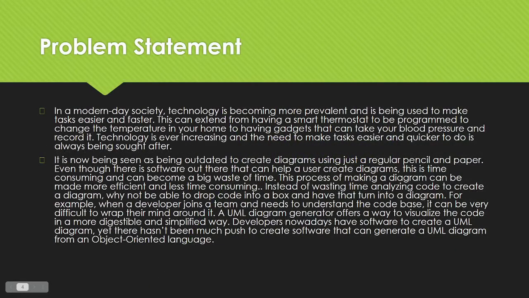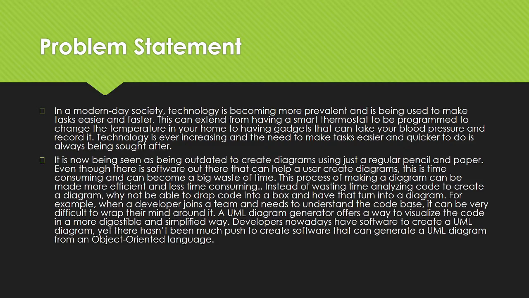Now, our promise statement. In our current day society, modern society, technology is always becoming more prevalent. It's being integrated into more and more daily tasks and the daily things we do. It's there to help make tasks more simplified, easier, quicker, faster, more adaptable. There is smart technology out there that adapts to the person using it, which helps save on both time and resources.